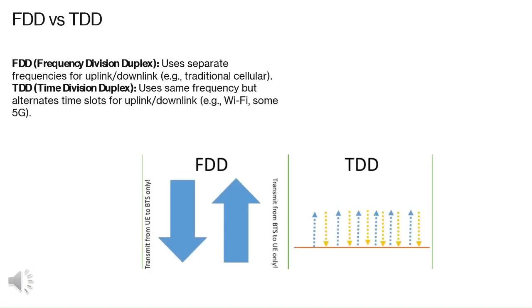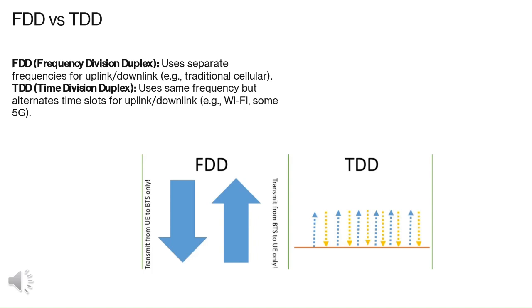Now we are going to talk about duplexing. There are two major duplexing methods. One is FDD, frequency division duplex, and the other is TDD, time division duplex. Duplexing decides how uplink and downlink share resources.